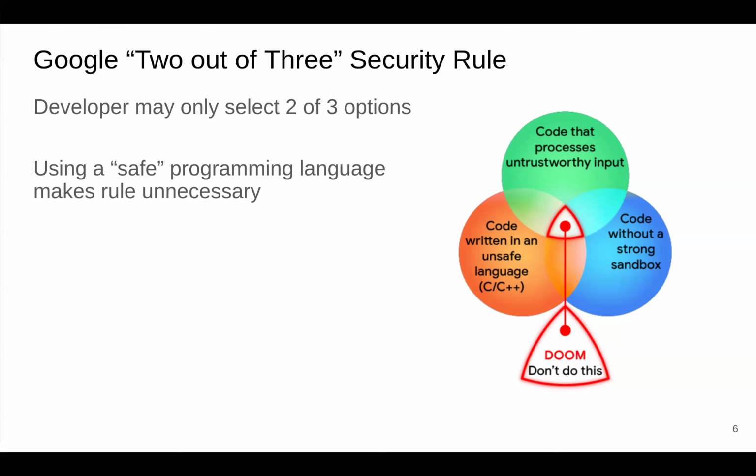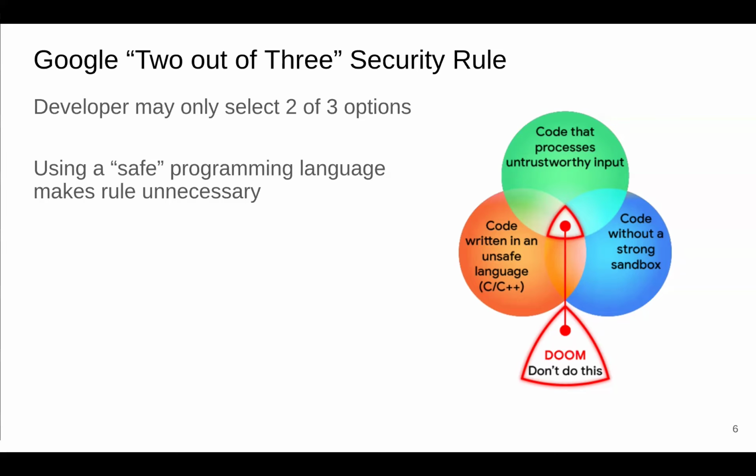That's a fact, right? If your code needs to handle data that is being passed in from a potentially malicious user. There's code without a strong sandbox, or code written in an unsafe language. And in their internal guidelines, you can pick 2 out of 3. Don't write code that processes potentially malicious inputs without a strong sandbox in an unsafe language.